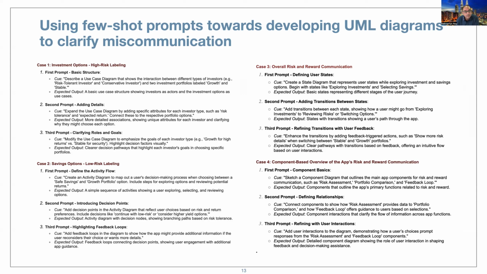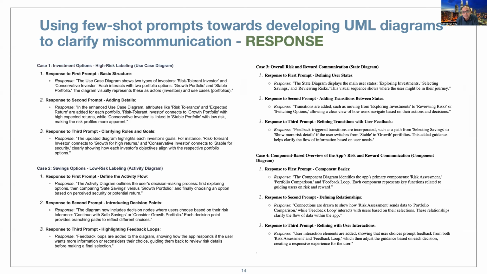So you give them a first layer prompt, the second layer prompt, and the third layer prompt, and help them to iteratively improve on the UML diagramming or the concept mapping diagramming based on the Creately and the Lucid Chart or the IHMC concept mapping chart that's being created. So you provide them the cue and the expected output for each of these prompt layers, for each of these case studies.